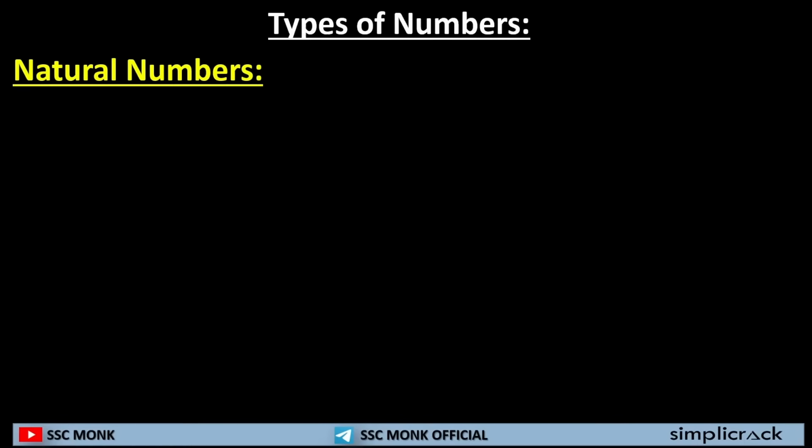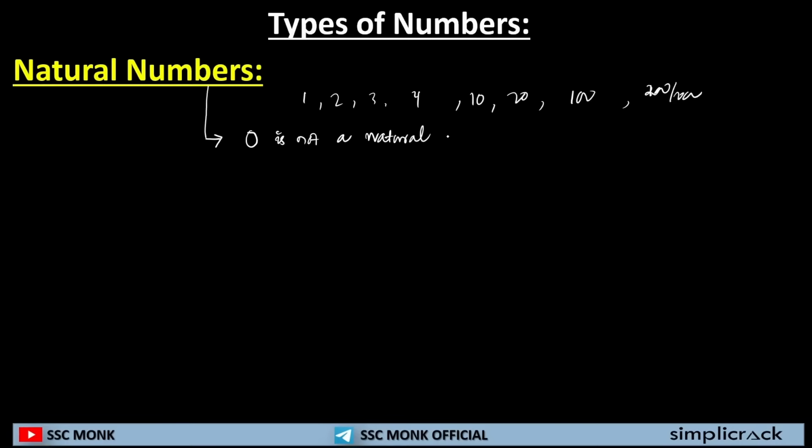Now see, you always count numbers, right? 1, 2, 3, 4, 10, 20, 100, 200, all these things. These are countable numbers and these are natural numbers. The only thing that you need to understand is that 0 is not a natural number.